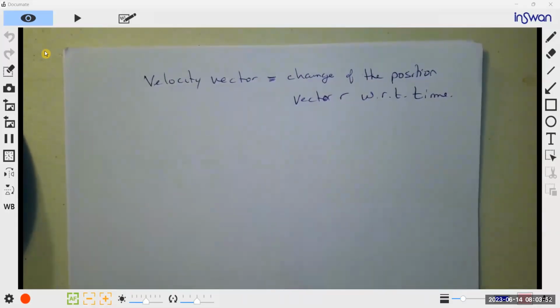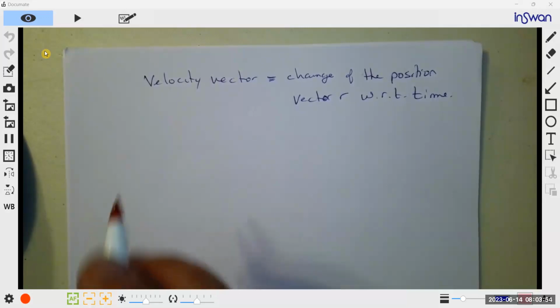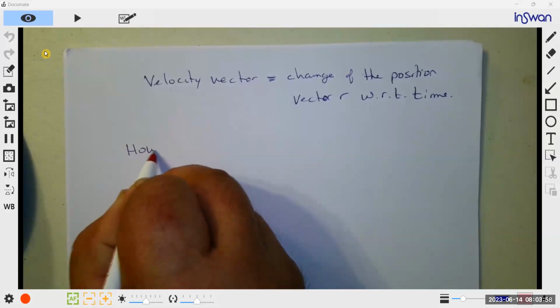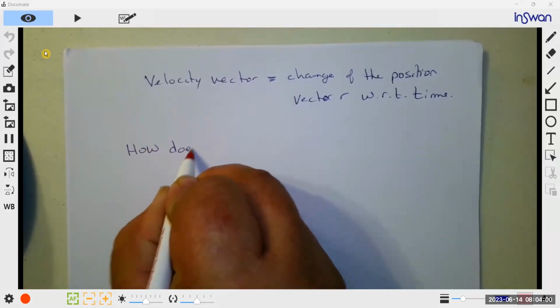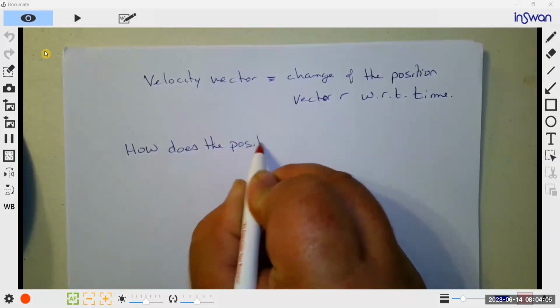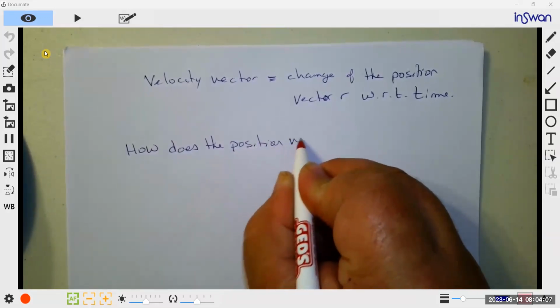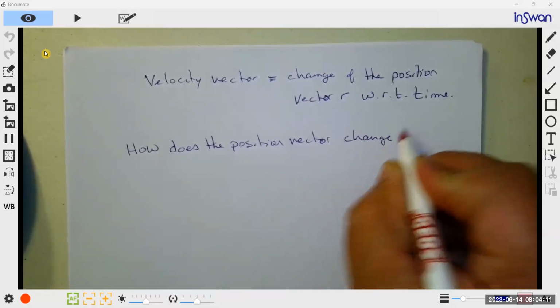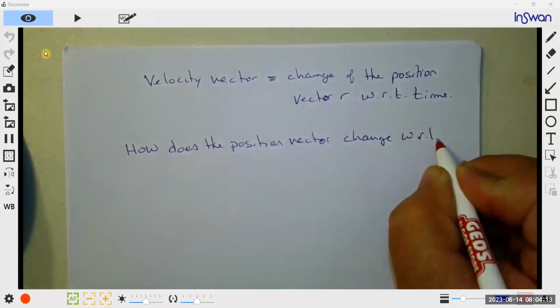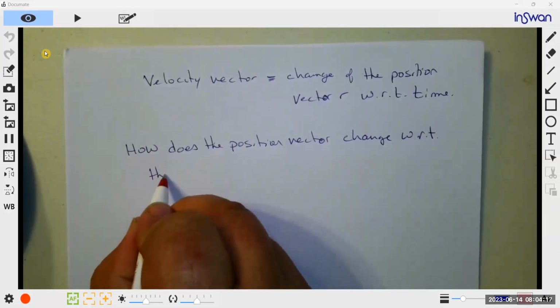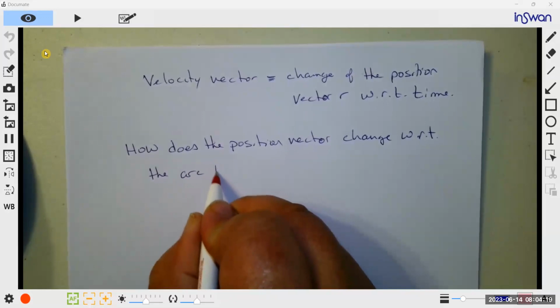So what can we ask? There are two questions that are very important. How does the position vector change with respect to the arc length?